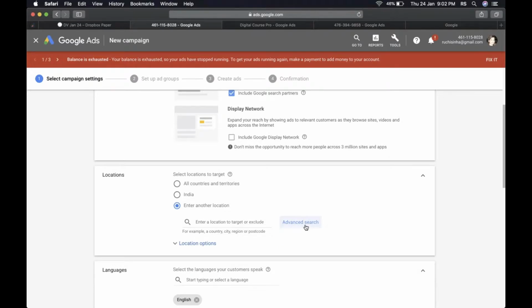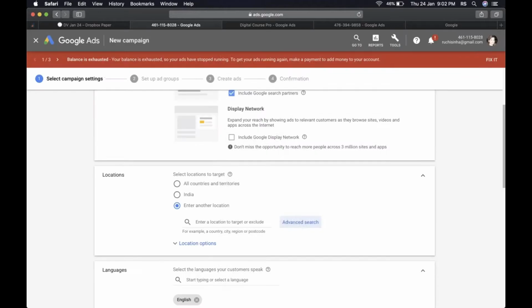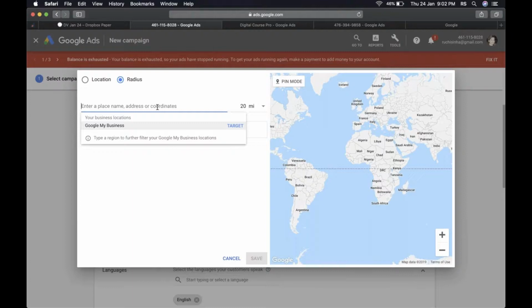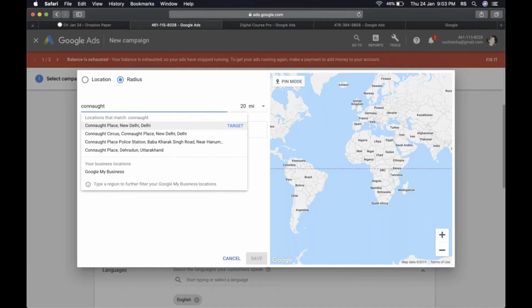I'm just a business, and I've clicked on advanced search. Now I only want to show my ads around a certain radius of where my business is. I have a bakery shop in Connaught Place, and I only want to show my ads around that place. So I can choose this.